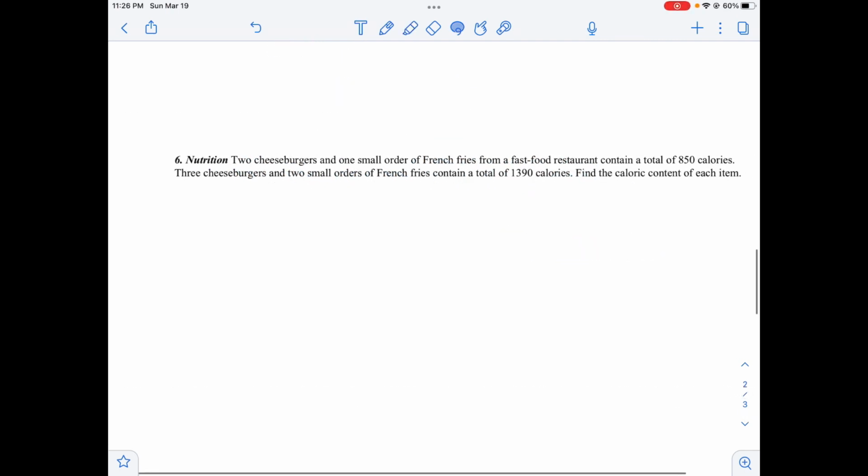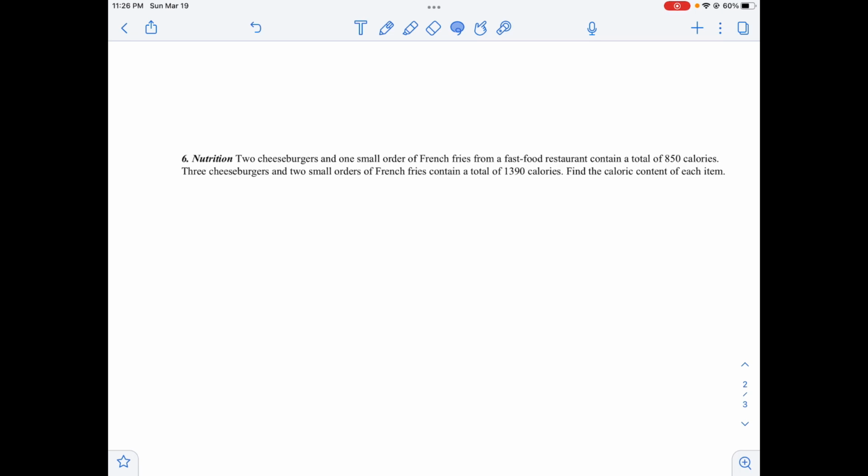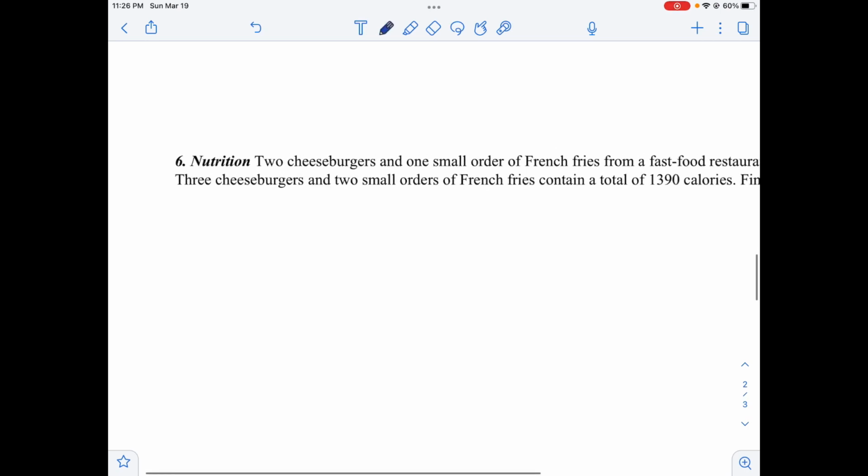Okay, the next problem we'll be solving is number 6. Two cheeseburgers and 1 small order of french fries from a fast food restaurant contain a total of 850 calories. Three cheeseburgers and 2 small orders of french fries contain a total of 1,390 calories. Find the caloric content of each item. We start off by making cheeseburgers x and fries y.